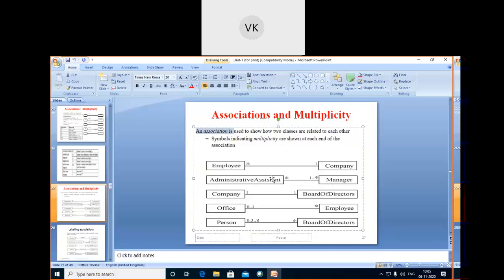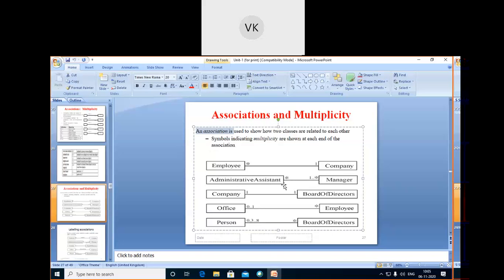Here you see for the administrative assistant class, it may have one manager or many managers.